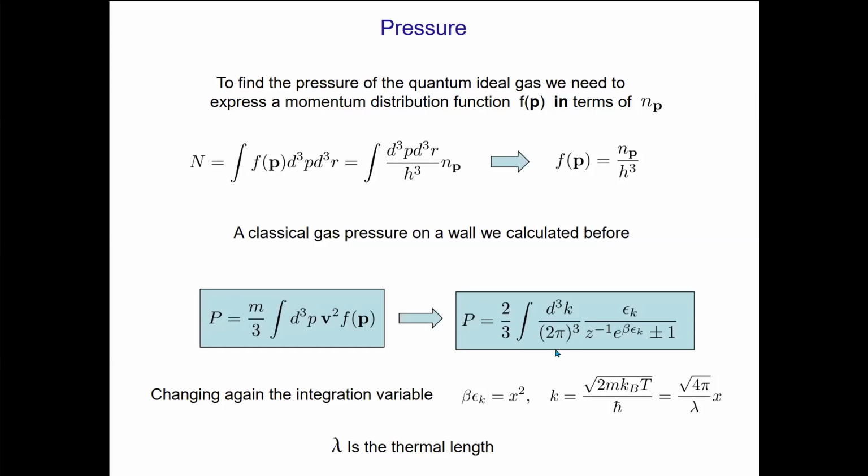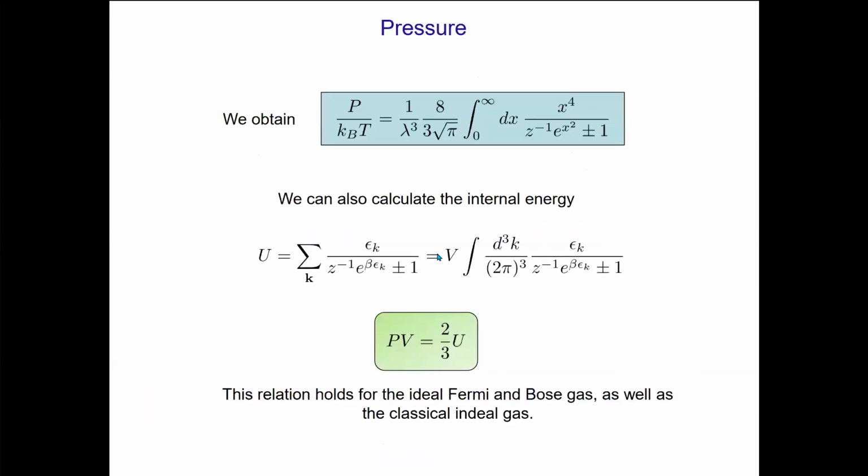This three-dimensional integral we reduce to a one-dimensional integral over the absolute values of the wave numbers, and we introduce lambda as the thermal length again. What we get for the pressure over kT is the following expression in terms of the thermal length and the fugacity. So now we have these quantities here: pressure over temperature, thermal length, and fugacity. And this is just some formal integral.